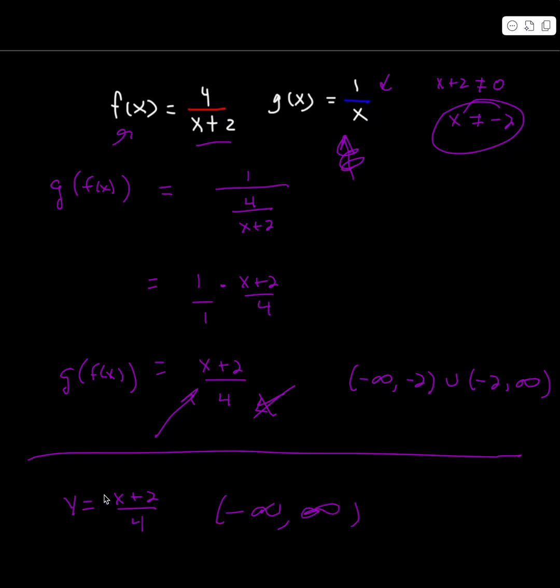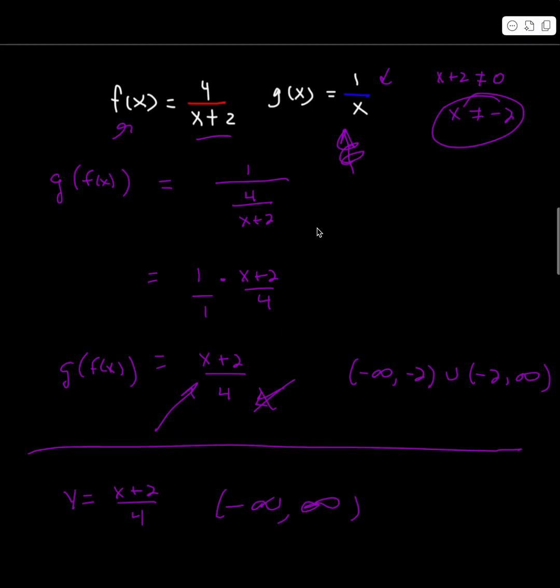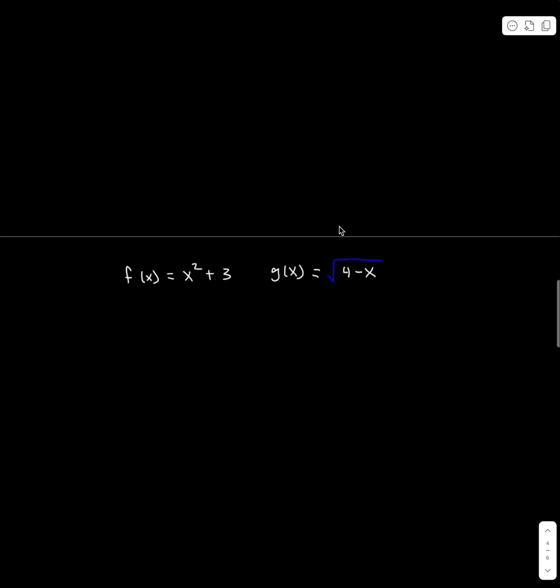All by itself, just coming out and, okay, here's a function, y equals x plus 2 over 4. There are no restrictions, right? But again, since this was built from a composite function, we have to honor the restrictions of the worker bee, the function that goes inside, and also if there are any after we calculate the composite function.